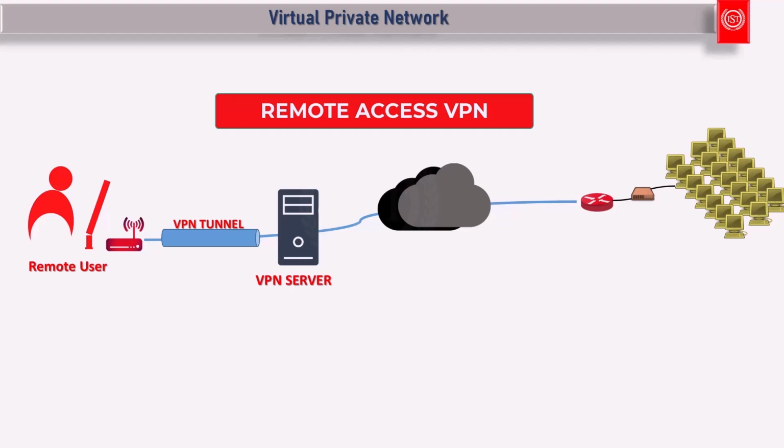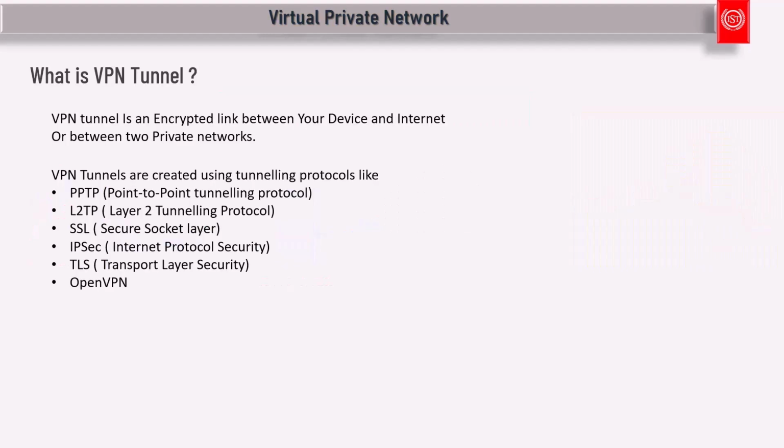In a remote access type of VPN, an individual like you and me can access a private network, like your office network, using VPN client software that connects to the VPN server. Thereby you can connect to the office network, or you can access the internet securely and privately. So just a small revision again. What is a VPN tunnel?